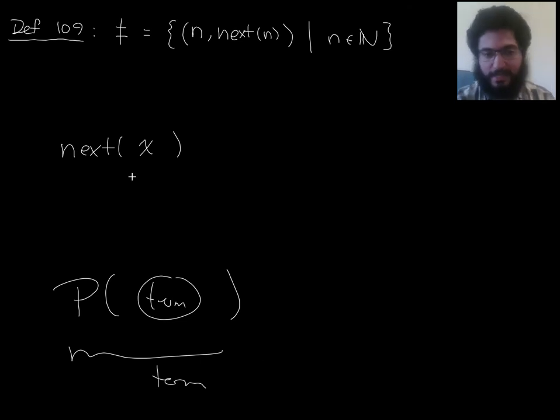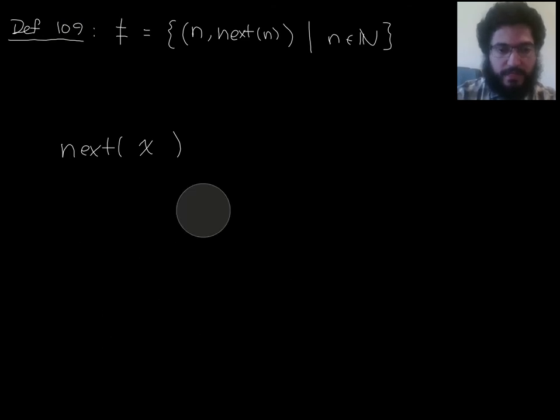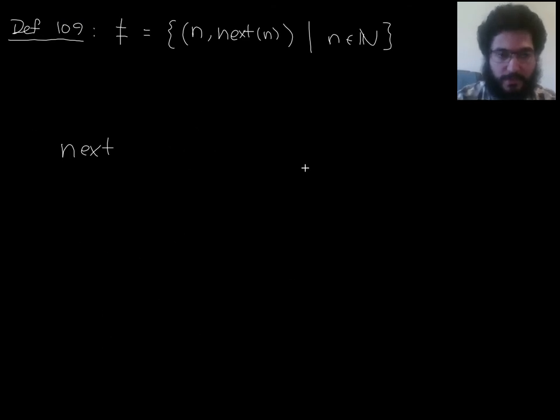It's the same with next. So next is not really a function. For example, you cannot talk about next mapping n to n. It's not an object of its own, because you can't even talk about next by itself. Okay, hopefully that makes sense.